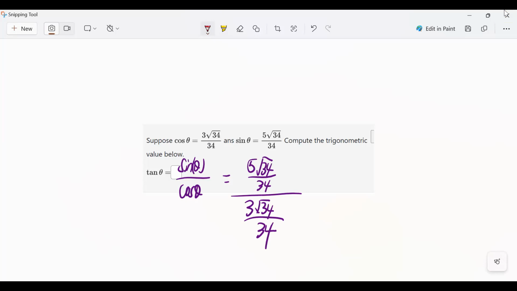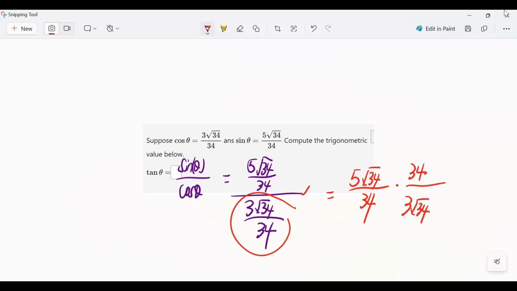This is a complex fraction, and you get 5 radical 34 over 34 times the reciprocal of the bottom. 34 goes on top, 3 radical 34. And basically just cancel the common terms, and that gives 5 over 3.